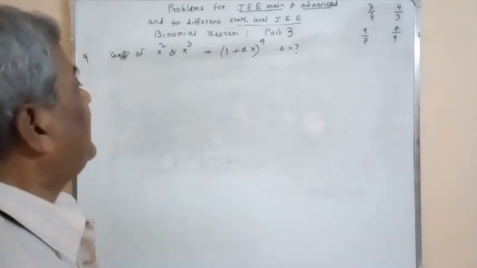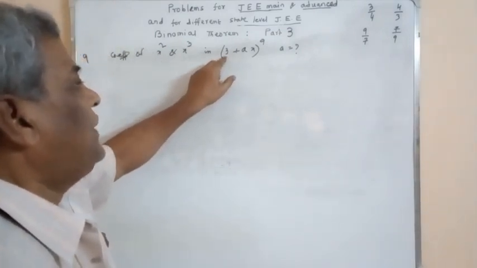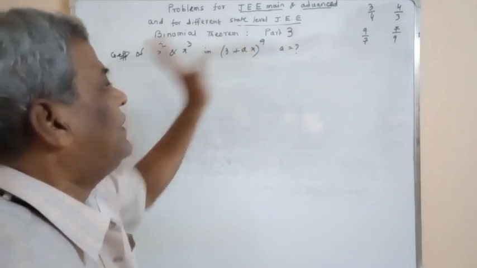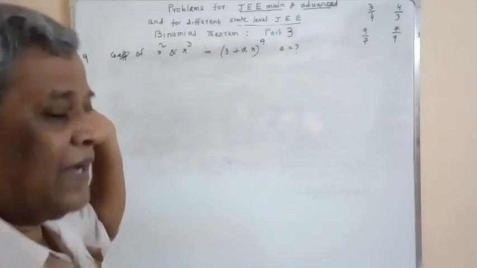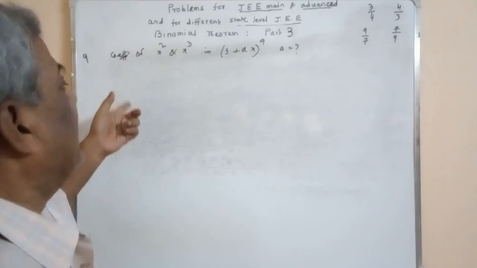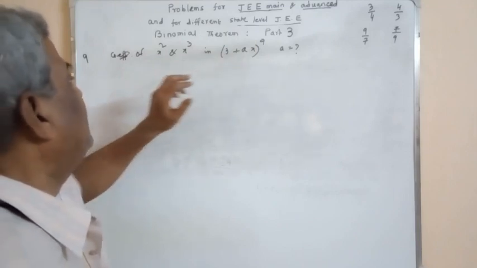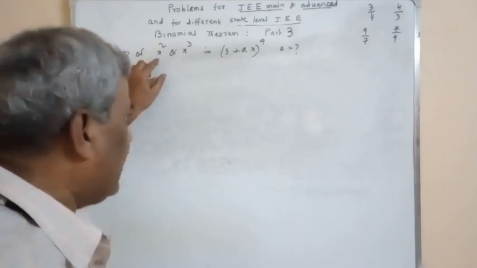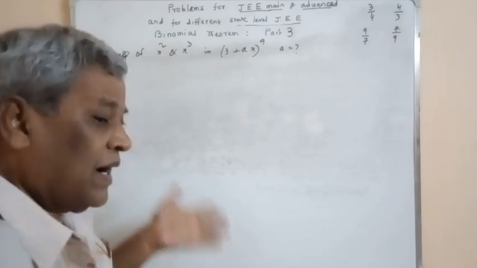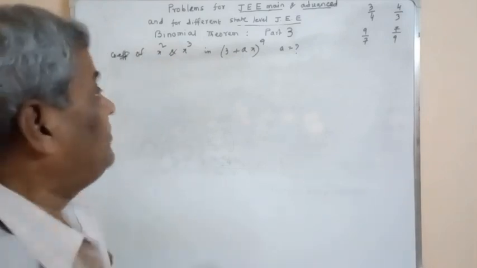In this problem, one binomial is given, 3 plus ax to the power 9, where a is an unknown constant. And given that in that expansion, the coefficients of x square and x cube are the same.